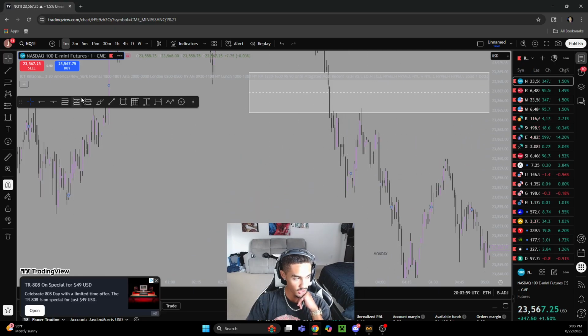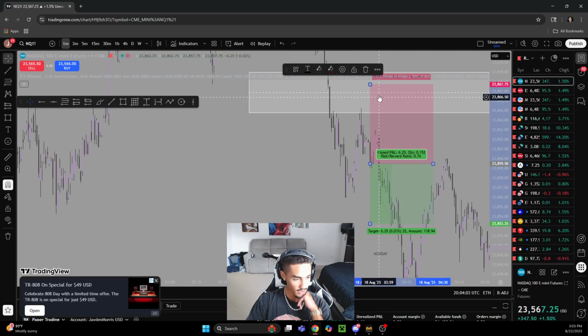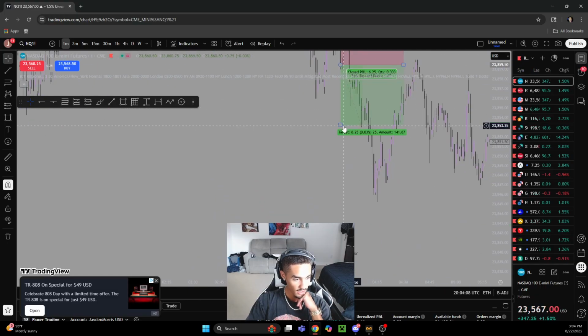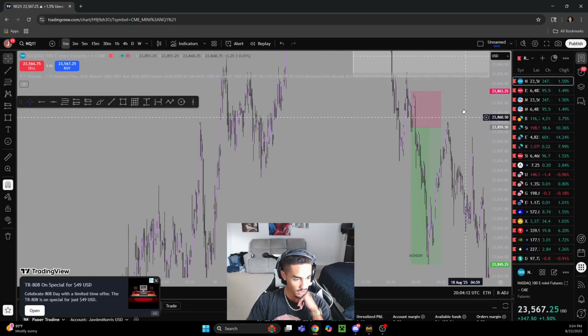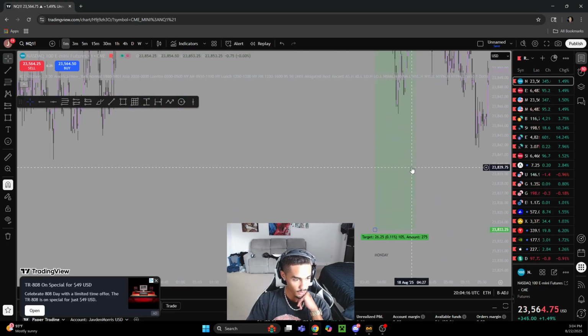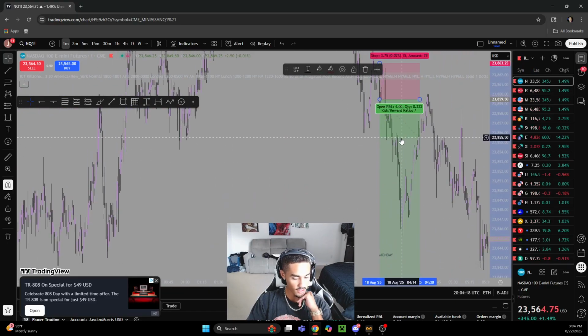So you could have had an entry either right here or right here, and then just place your stops above the retracement and targeted all the way down. If you just went down to that low, good trade right there. You could have gone all the way down to these lows right here, and you would have hit, which is, what is that? 7 risk to reward ratio.